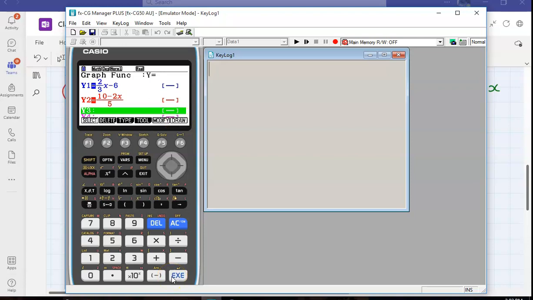We have all got exactly the same equations in, but I bet when we sketch it now, every single one of us, or most of us, will have a different looking graph. So, draw here or just press enter.